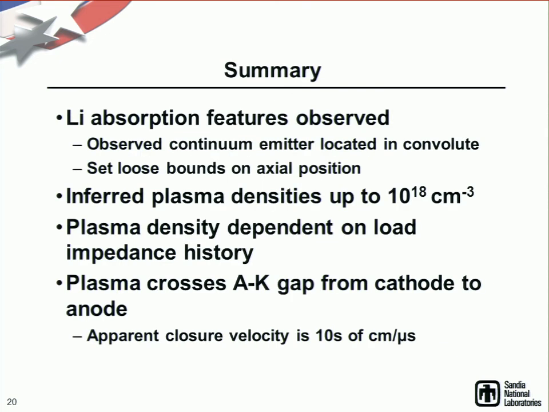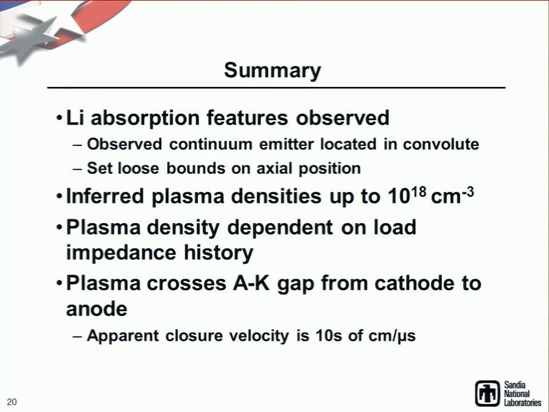So just in summary, using these lithium dopant shots, we were able to determine that we were observing a plasma in the convolute, and we set some loose axial bounds. We'd like to do some additional experiments to get a better fix on where that plasma is located. We have inferred the densities up to 10 to the 18 per cubic centimeter.